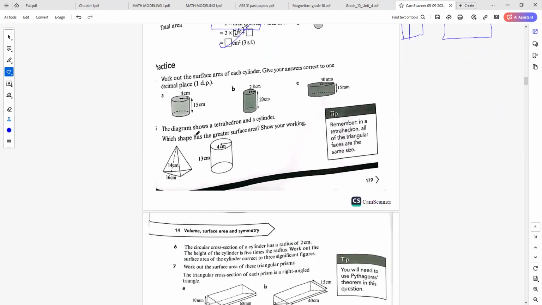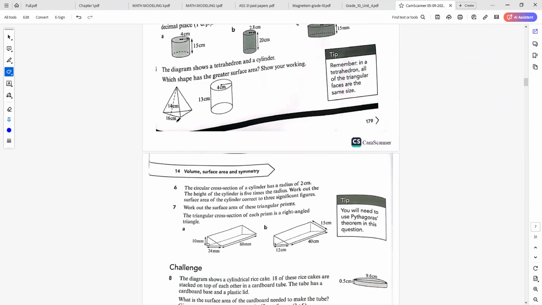Now the diagram shows a tetrahedron and a cylinder. Which shape has a greater surface area? Show your working. So this is also very simple. As we have found the area of a circle, now the tetrahedron, or we call this a triangular based pyramid, or tetrahedron.